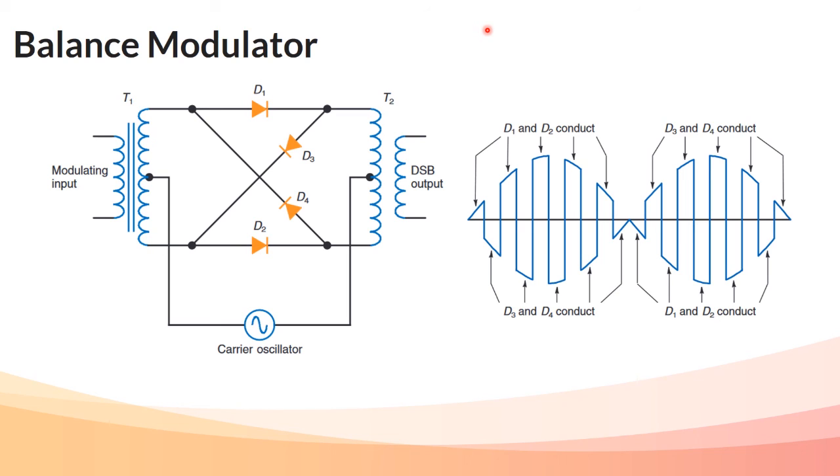When the carrier polarity reverses, D1 and D2 cut off, and D3 and D4 conduct. The result is a 180-degree phase reversal. With this connection, if the modulating signal is positive, the output will be negative and vice versa.